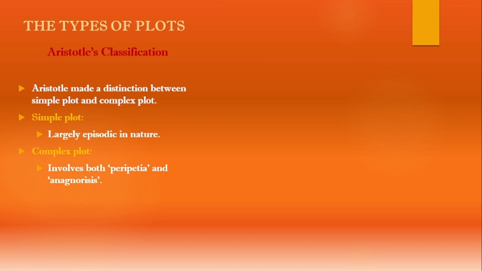So what do you mean by peripeteia? It is the reversal of fortune, whereas anagnorisis means recognition. We will discuss these aspects in detail in our upcoming video on literary theory and criticism.